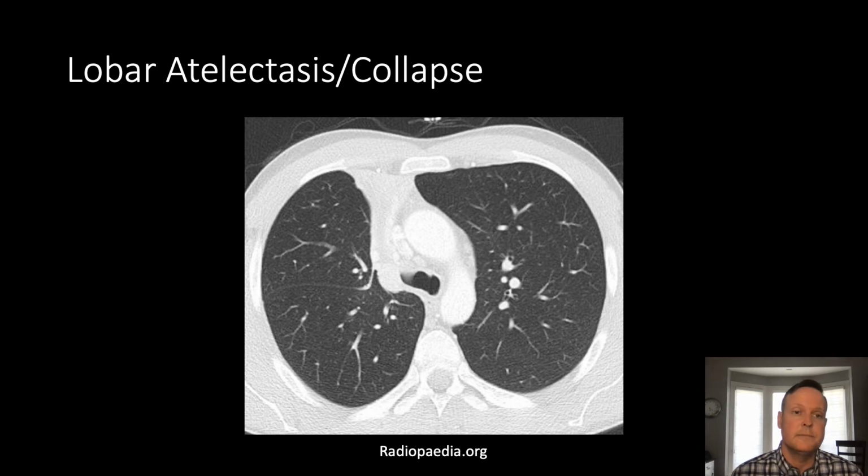What we have here is the right upper lobe has entirely collapsed, secondary to a right upper lobe bronchogenic carcinoma. Bronchogenic carcinomas are going to be the most likely cause of a malignancy obstructing a lobar bronchus like this. But it could also be a bronchus intermedius lesion that will take out both the right middle and lower lobes, or it could be a mainstem lesion, which could take out a whole lung.